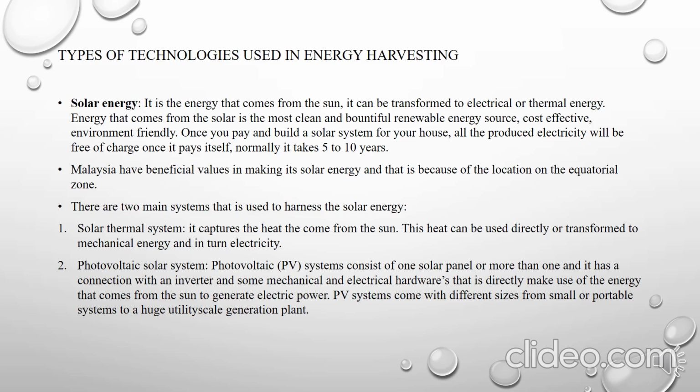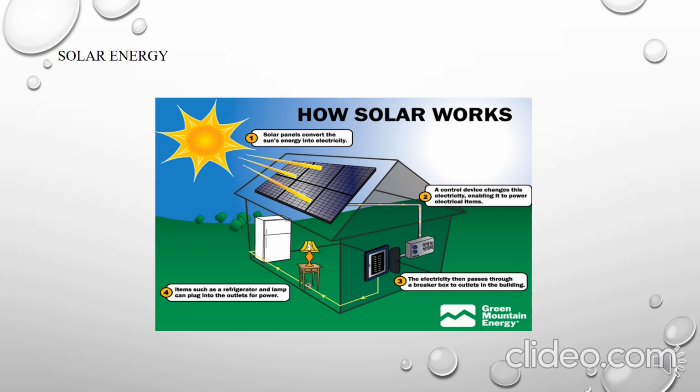A PV system can come in different sizes, from small or portable to a huge utility-scale generation plant. This is how the solar works. See the sun, the solar panels convert it to electricity.